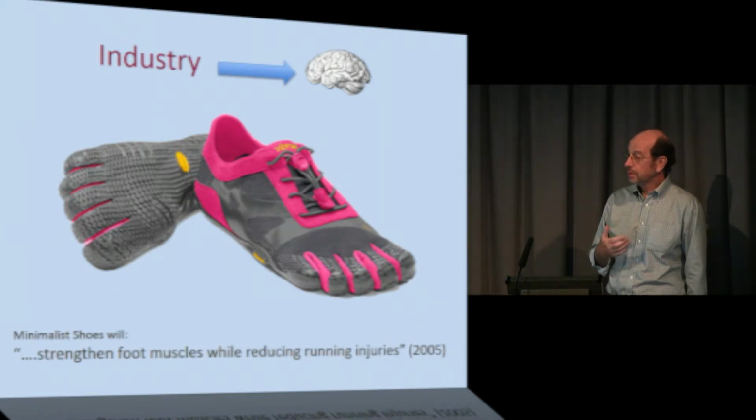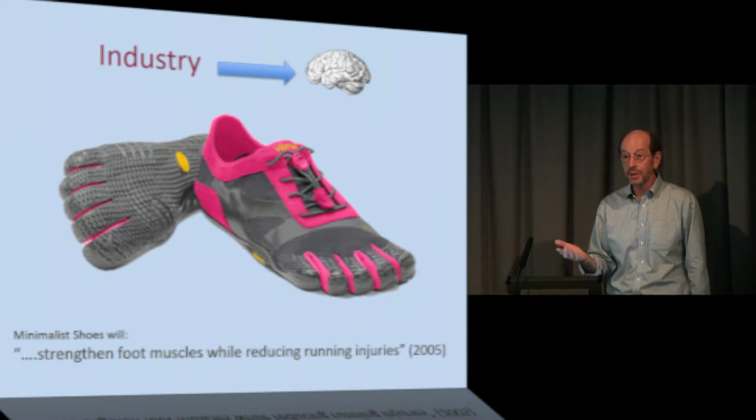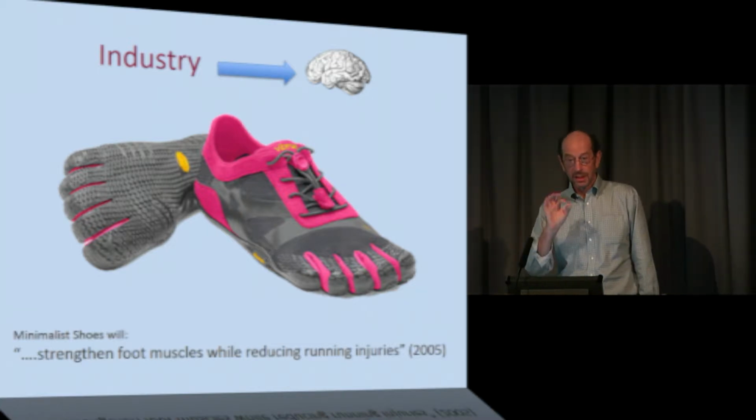They did this over a long period of time, and he did MRIs, similar to the ones I was talking to you about yesterday, of the intrinsic muscles of the foot. Whereas in my studies of intrinsic muscles of diabetic patients I found that they basically didn't have any when they had advanced neuropathy, what Peter found is a significant increase in the diameter and cross-sectional area of the intrinsic muscles of the foot in minimalist footwear.